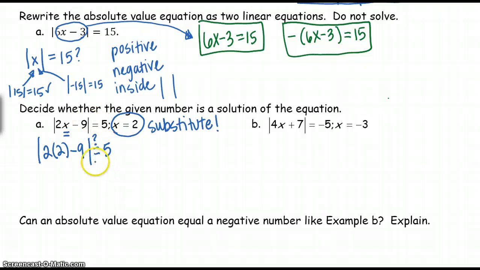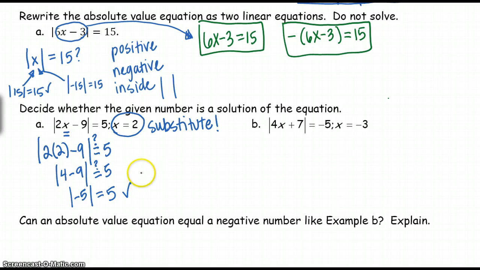That helps me realize that I am checking something here. We probably do this in our head. 4 minus 9, the absolute value of that, does it equal 5? Does the absolute value of negative 5 equal 5? Yes, because it's always positive. So yes, x equals 2 is a solution to that absolute value equation.